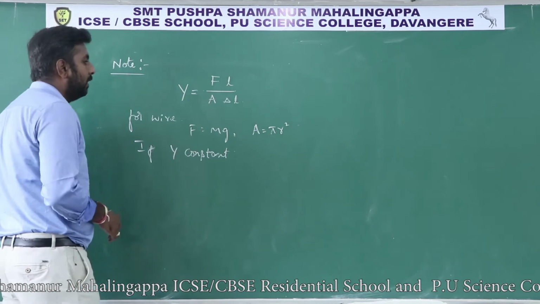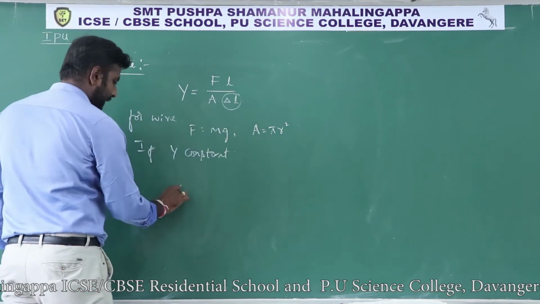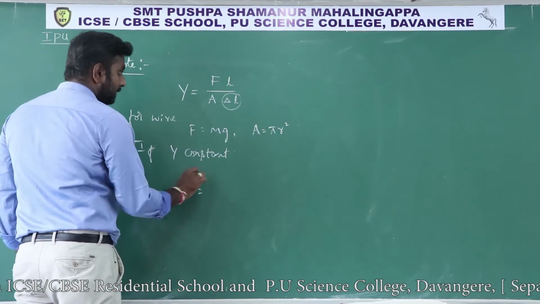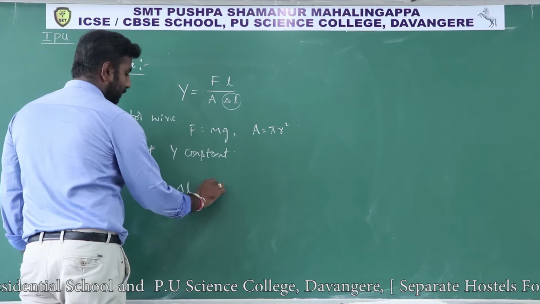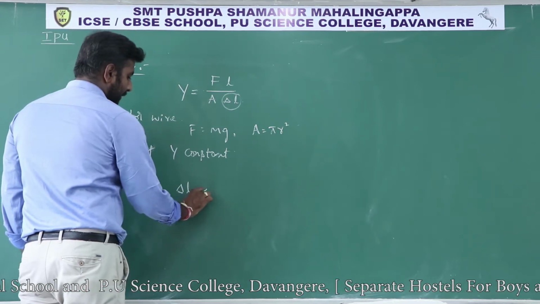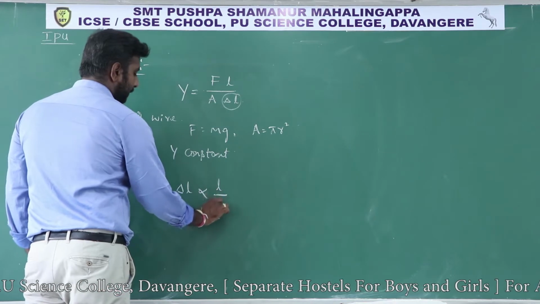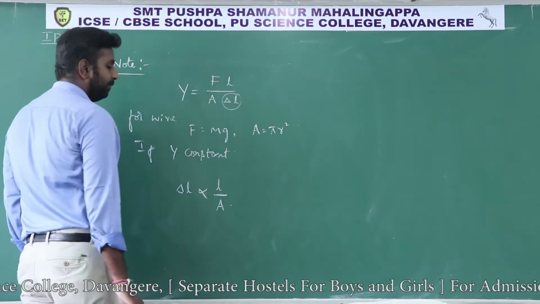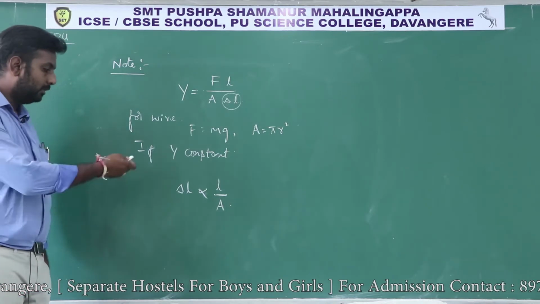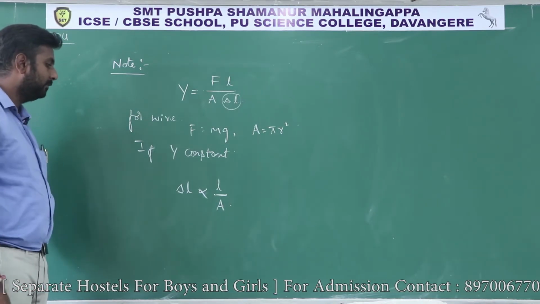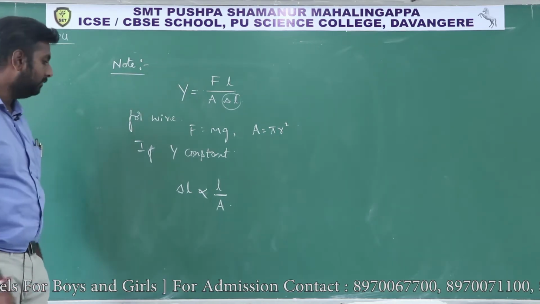If Y is constant, definitely this elongation, the change in length delta L, is directly proportional to L and inversely proportional to area. If area is more, the change in length is less. If the initial length is more, then the change in length is more.